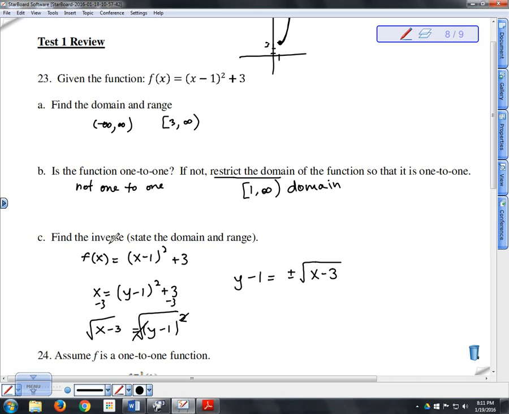The inverse is a function. If I have this plus or minus in front of the square root, it's no longer a function. So we can drop the plus or minus. We know that this is going to turn out to be a function because the original function was 1 to 1. Last step is to add the 1. We have y equals square root of x minus 3 plus 1. This is the inverse.